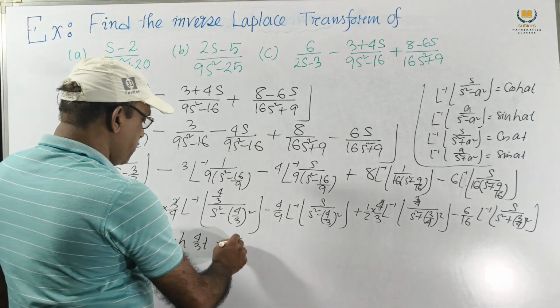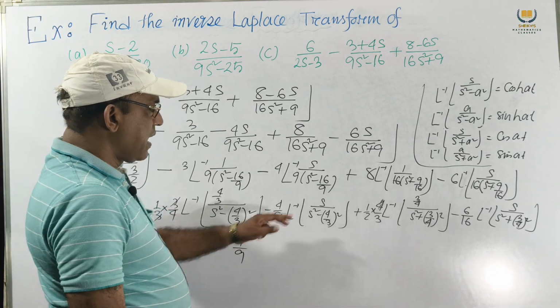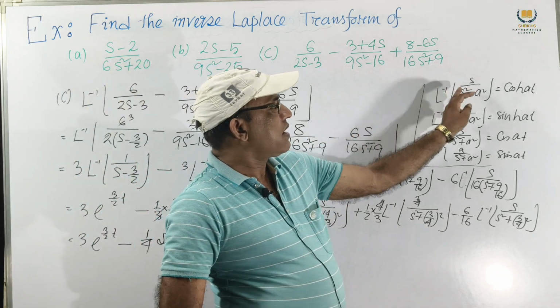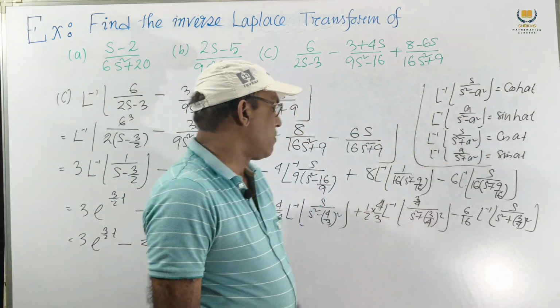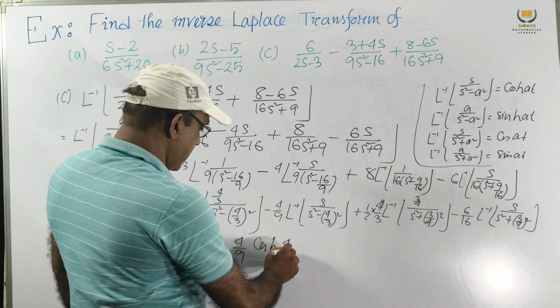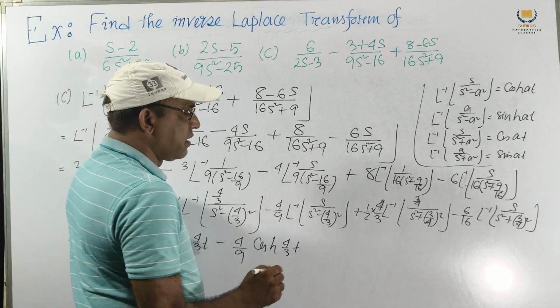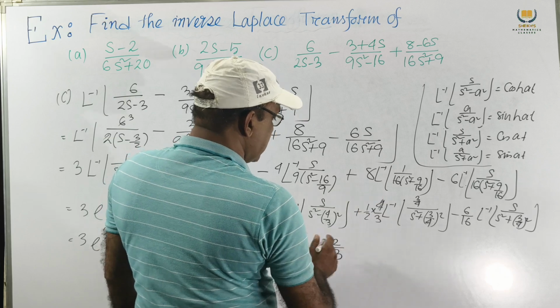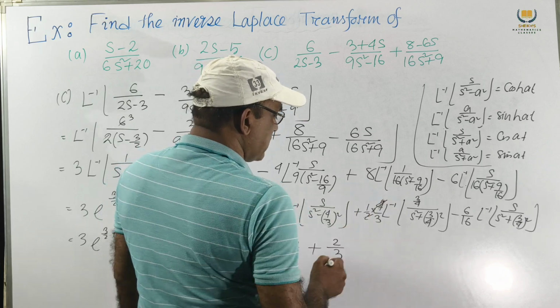And this is 4 by 9, s by s square minus a square. S by s square minus a square is cos hyperbolic at, so this will be cos hyperbolic at, a means 4 by 3. And this cancels, 2 by 3 we get, 2 cancels, 2 by 3.